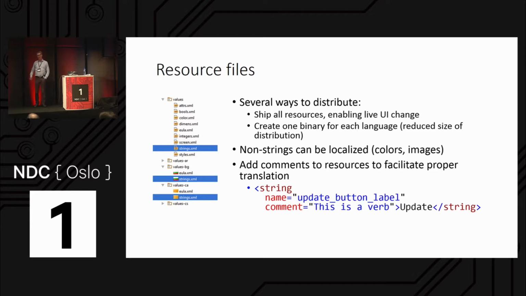So one thing we can do is to add comments wherever we can to make it easier for the actual localizer, the one who understands the native language, to figure out what is actually meant. In English, the word update can be a noun and can be a verb. We can specify in a comment that this is a verb, because it might be a different word in different languages.